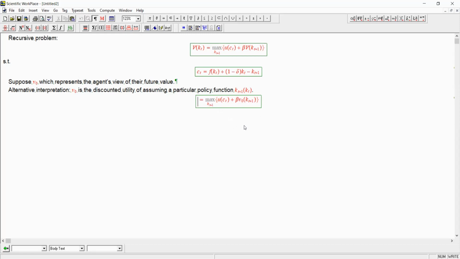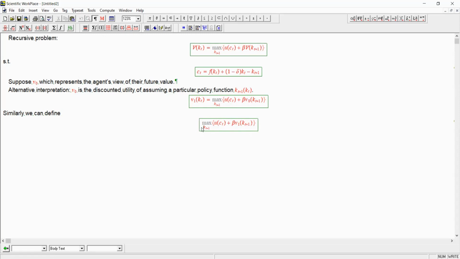We can call this V1 of kt. So if V0 is your view of what happens in the future, if you're left with kt plus 1 capital, then V1 is what you get if you maximize now, given that future view. Similarly, we can define the following. What if instead we started with V1 as our view of the future?